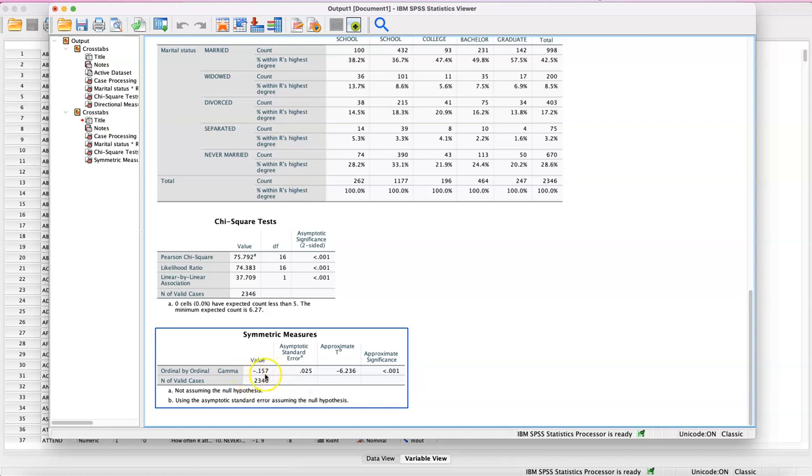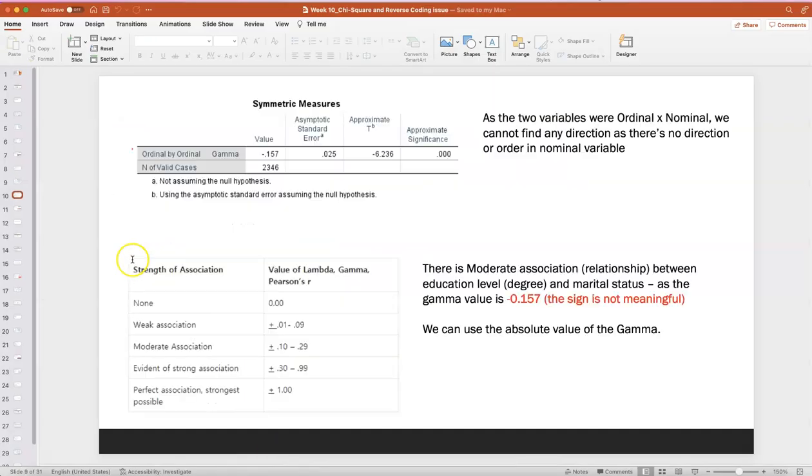The magnitude of the relationship is what matters here. The absolute value, 0.157, is in the range of a moderate association.